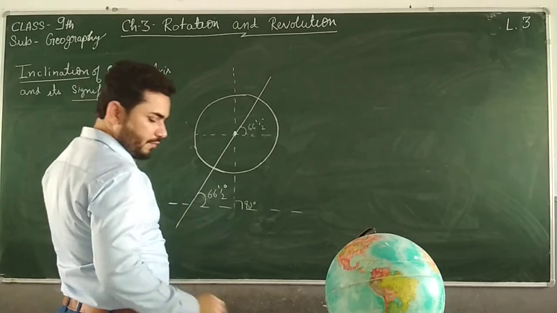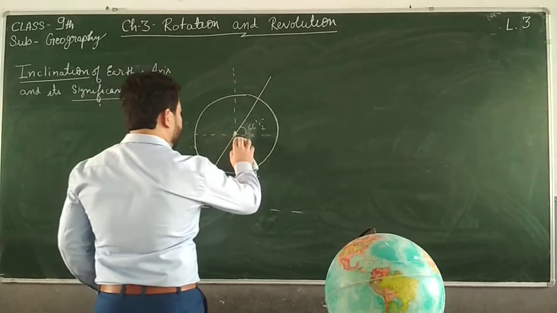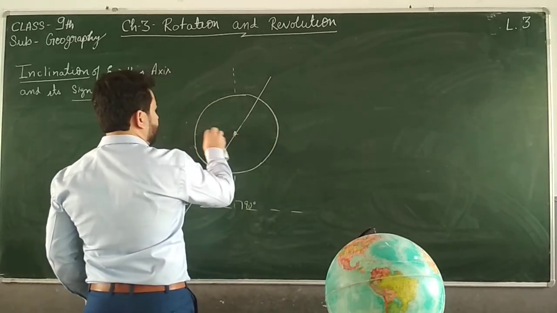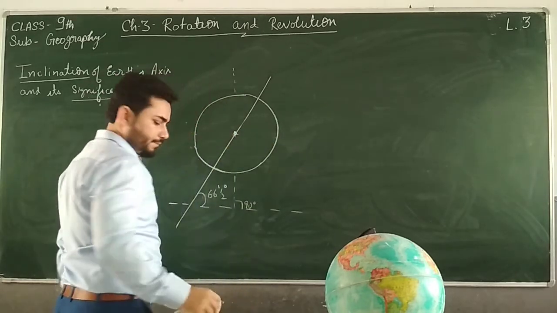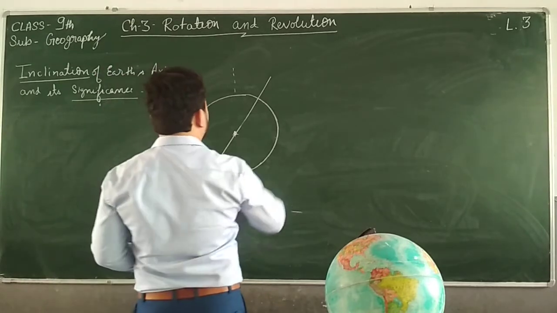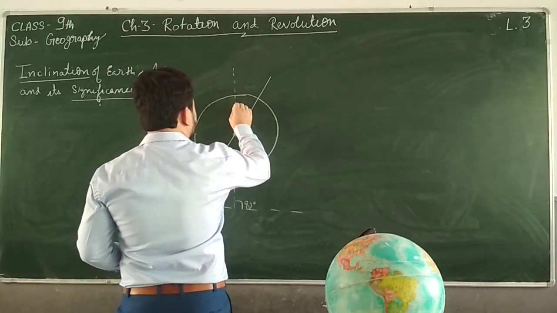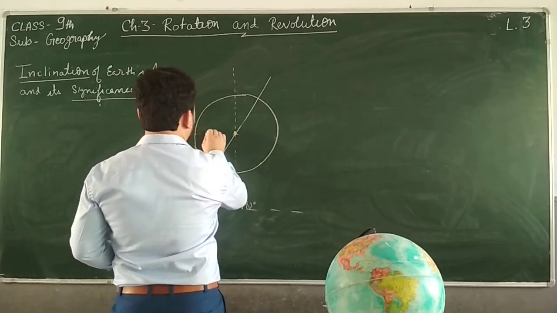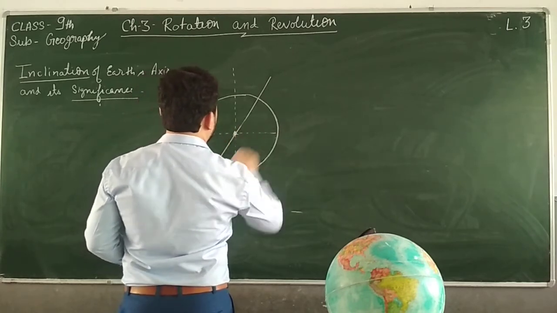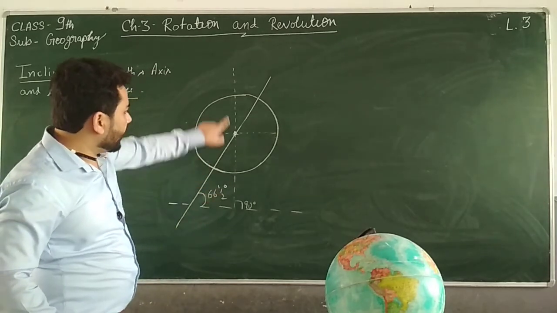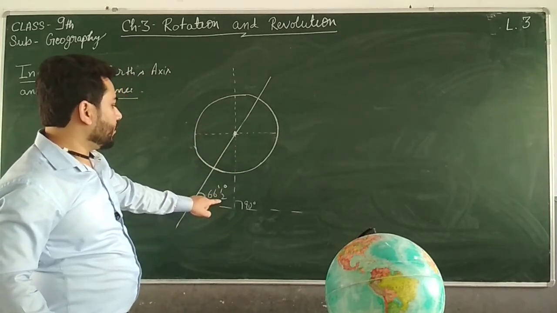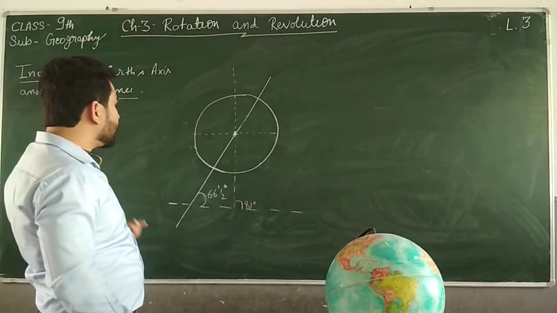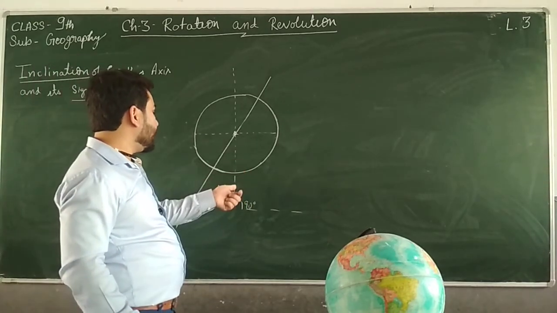Okay, so we will erase all these things, right? Let me show you one more thing clearly so that you will understand. This is perpendicular to the plane, or the area or the path on which earth is revolving around the sun, and that is 90 degrees, right?